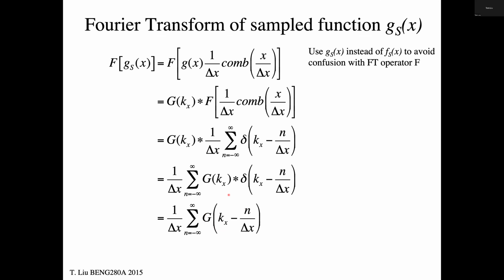Each time n goes up, I displace by 1 over delta x, which is the repeating value of those spikes. So I have the first value when n is 0, then the value of g(kx) plus this displacement, then plus twice that displacement, and plus 3 times that displacement. So inside my original zone, I have all of these additional sums of that function at these higher frequencies.